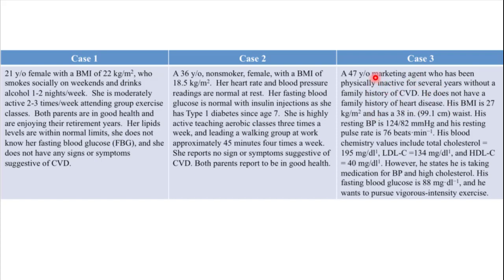And then number 3, a 47-year-old, inactive, with family history. Let's see, BMI is 27, so still, but he has a high waist. He's taking medication for blood pressure and has high cholesterol. So high blood pressure is a cardiovascular disease. It's diagnosable.